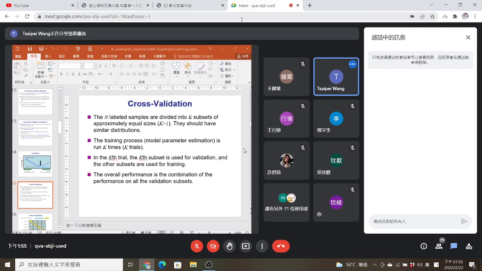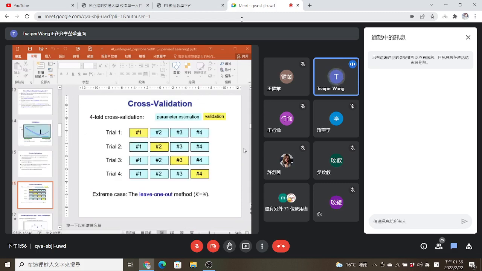However, if the data do not appear to be sufficient, and most of the time that's the case, and you have the time to do multiple rounds, then cross-validation will give you a better picture. I'll use this figure for the explanation. The idea of cross-validation is to divide all the data into multiple subsets and repeat a process called trials.